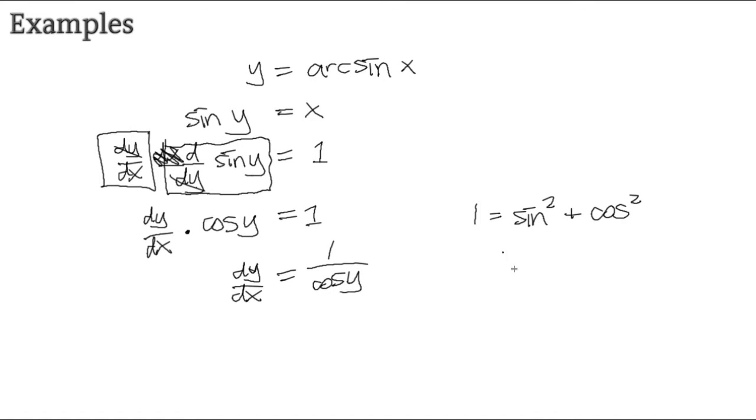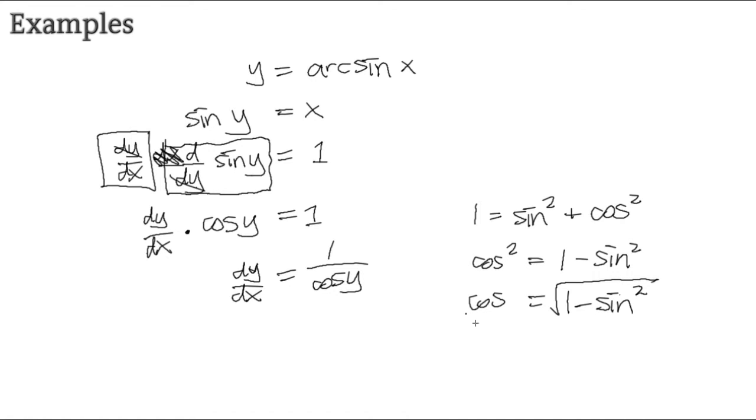It's written in our brains anyway. So in order to get an expression of cosine, we rearrange such that 1 take sine squared is cosine squared, and take the square root. We have cosine as the square root of 1 take sine squared. I deliberately ignored the plus or minus because it can be anything.